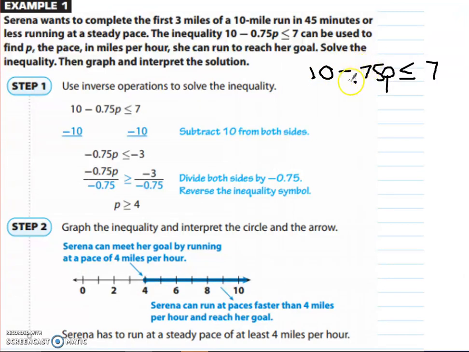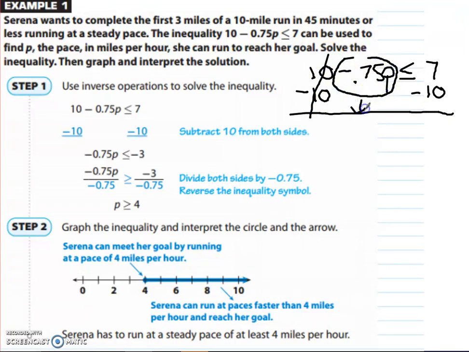The way that we isolate the variable is to do the inverse or the opposite of what it's currently doing. Right now, this is a positive 10. The opposite of a positive 10 is a minus 10. Okay, a 10 and a minus 10 cancel out. All of this goes down.